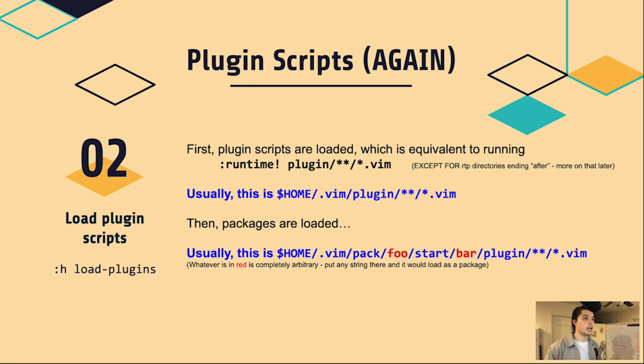So remember that first, the way the plugin script works is we execute the runtime on all Vim files in the plugin directory. And hopefully now this makes sense, right? Remember, when we're dealing with runtime files, the context matters.